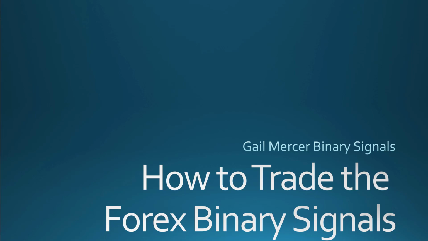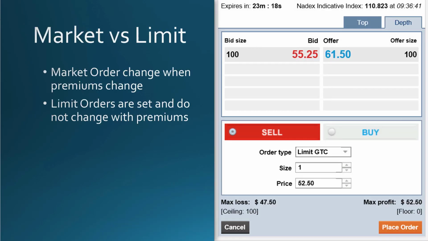The first thing that you really need to know how to do is how to enter a limit order. Now, a lot of people will be using initially a market order, and I do not use a market order because a market order takes this number right here, and if it changes, then your entry price changes as well.